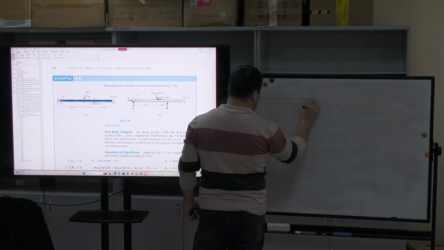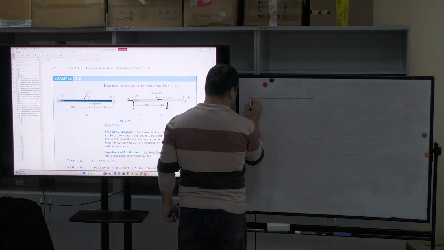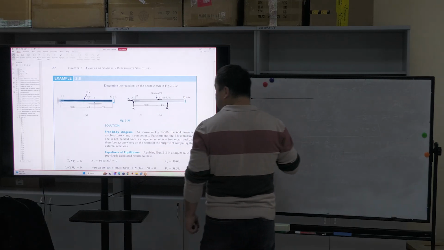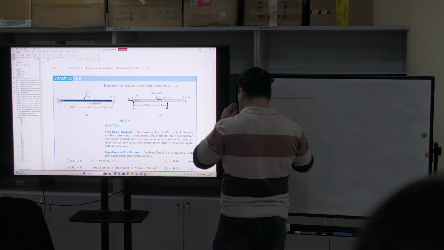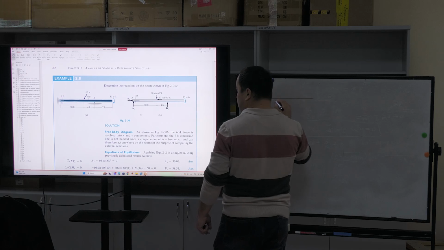We have a beam like this, we have a hinge here. And instead of foot or feet, we will use meters, okay? Solution will be almost the same.